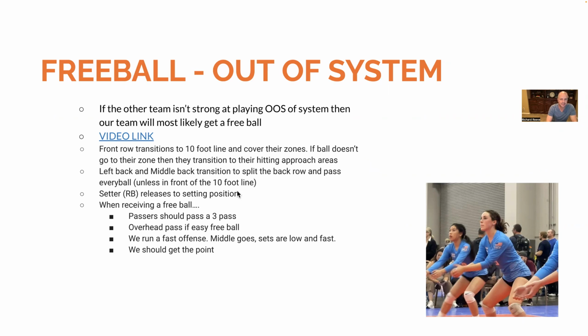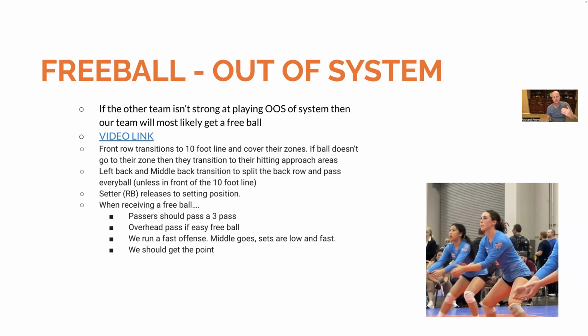Left back and middle back transition to split the back row and pass every ball less in front of the 10-foot line. The setter, the right back, releases to setting position. When we receive a free ball, we need to think. I always tell my players, you need to think these things in your head.